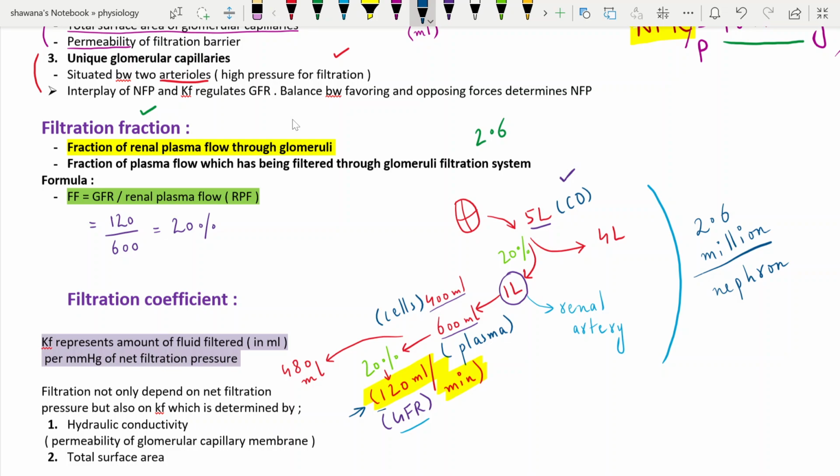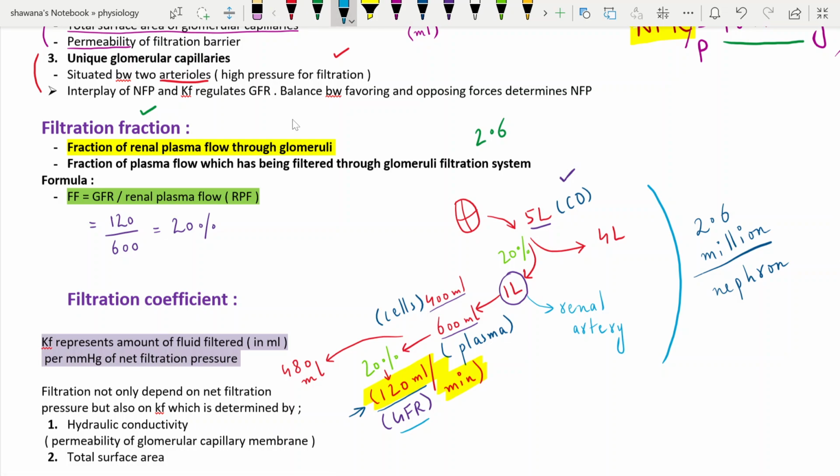This is the fraction of the plasma that is filtered per minute in all 2.6 million nephrons of both kidneys. So the filtration fraction is nothing but the amount or fraction of the plasma that is filtered in ml per minute in both kidneys.